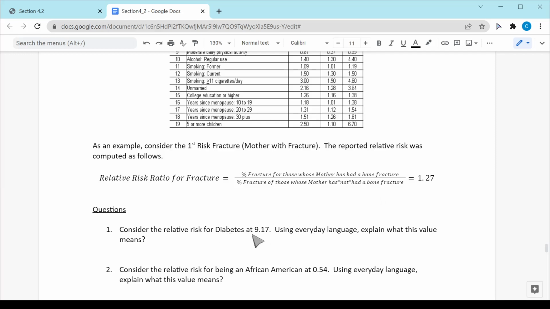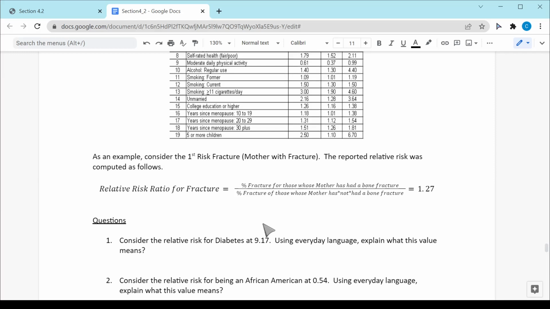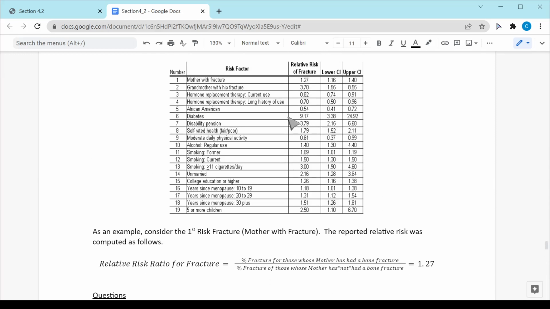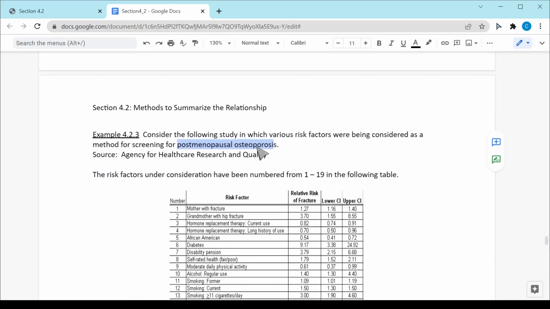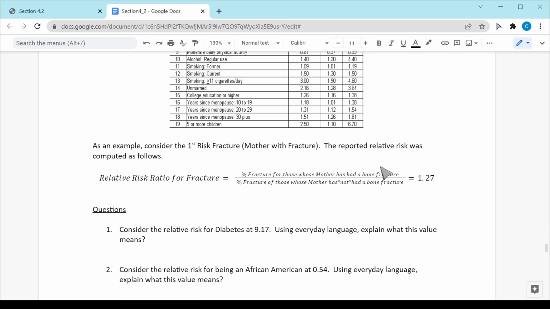All right, so let's try one that's maybe a little bit less confusing. Relative risk for diabetes is 9.17. So if you're looking at the chance that a postmenopausal woman's going to end up with osteoporosis, that's my response here.